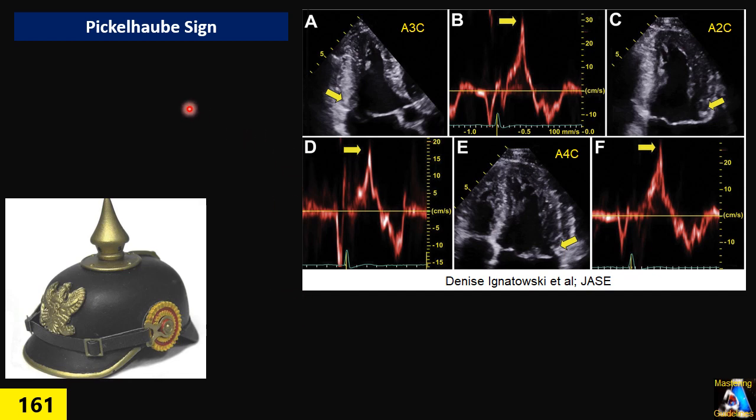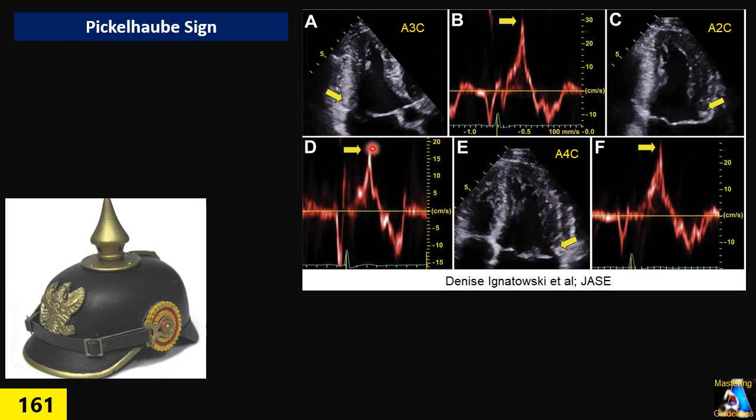We call it the Pickelhaube sign, and for that purpose we do tissue Doppler on the mitral valve annulus, at the posterior annulus and anterior in apical 2, and the lateral annulus in apical 4 chamber.